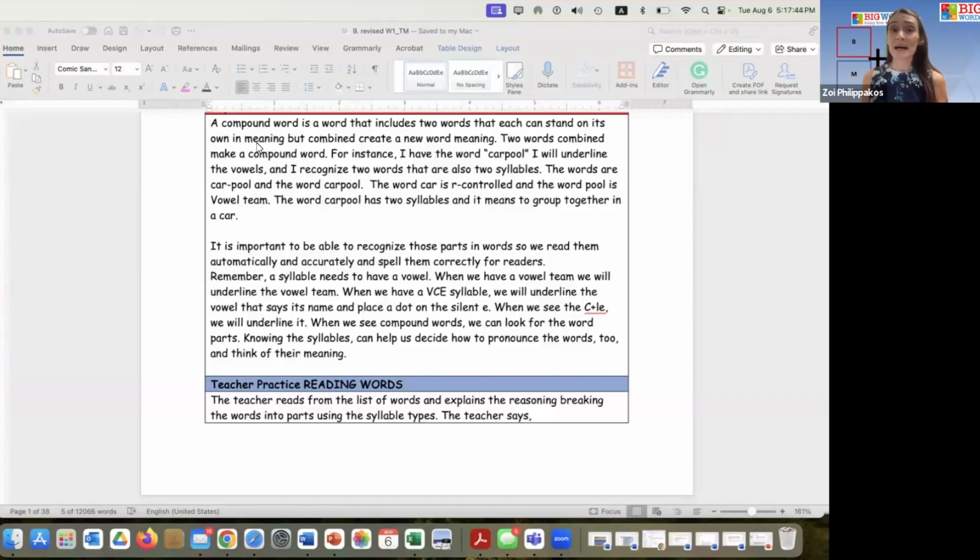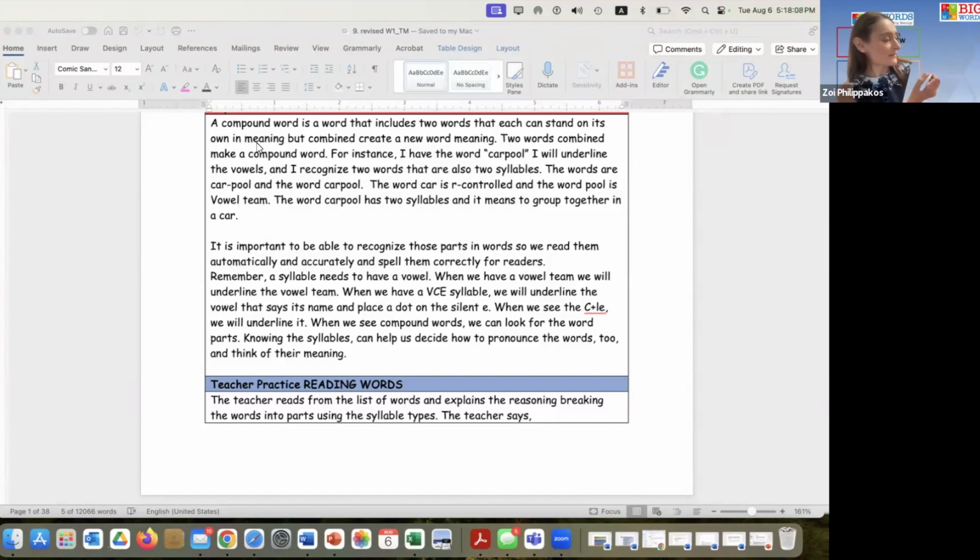For instance, I have the word, and then the teacher will write the word. I will underline the vowels, and I recognize that I have two words, but they're also two syllables.